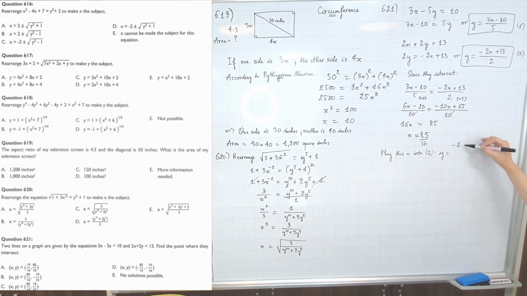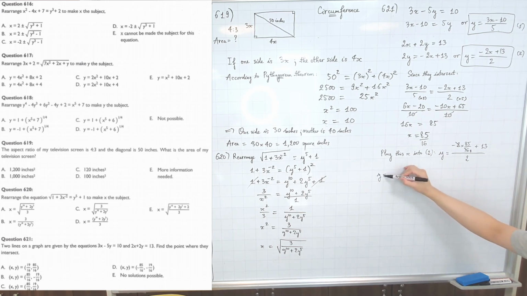So, minus 2 times 85 divided by 16 plus 13 divided by 2. And then 2 into 16 is going to be 8, isn't it? So you have to times 8 for this number 13 anyway. It's going to be minus 85 divided by 8 plus 13 times 8 divided by 8, and then all of it divided by 2, right?